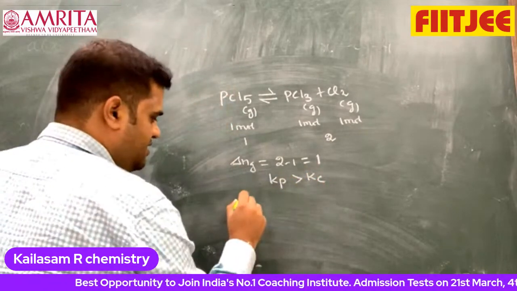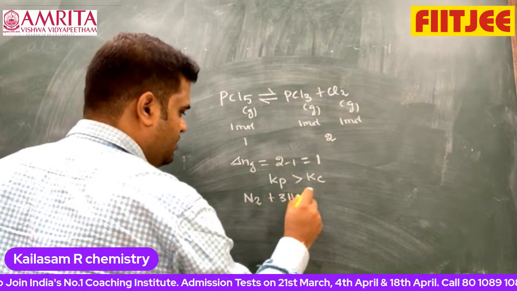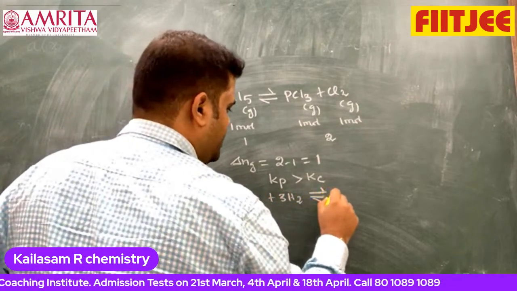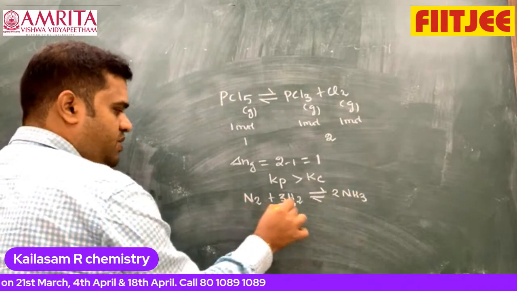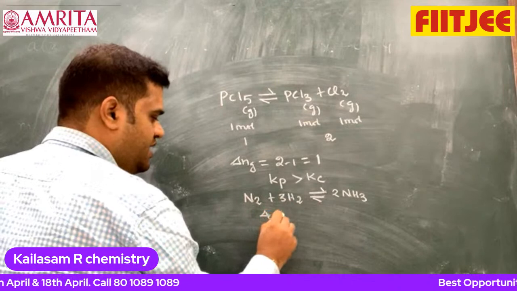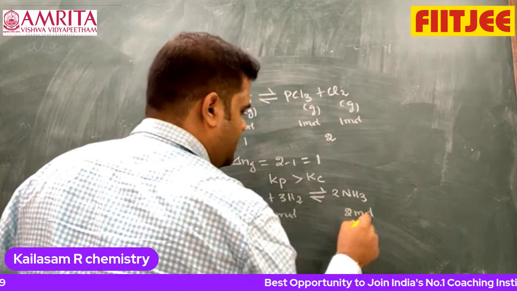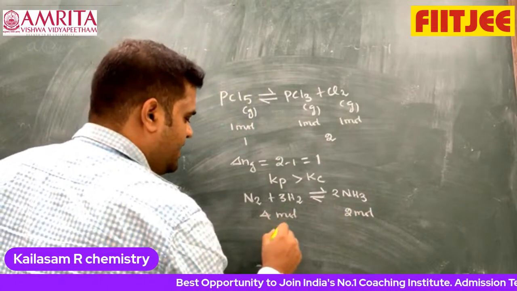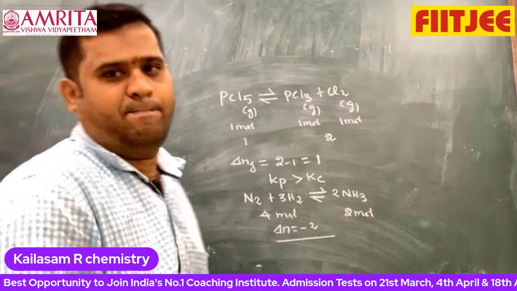What about in this case? Look at this, N2 plus 3H2 in equilibrium gives us 2NH3. Here 1 mole plus 3 moles, that means 4 moles on the reactant side, 2 moles on the product side. So 2 minus 4, delta n is equal to minus 2.